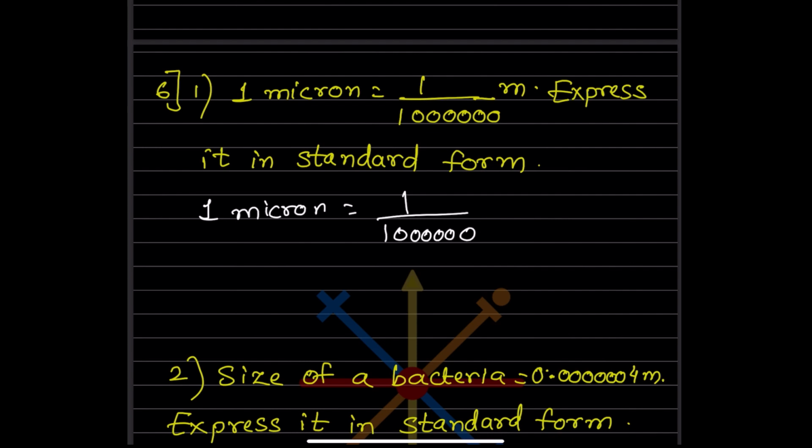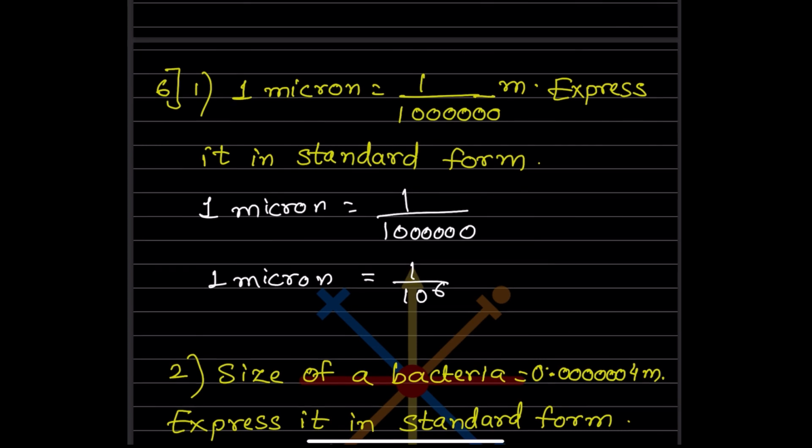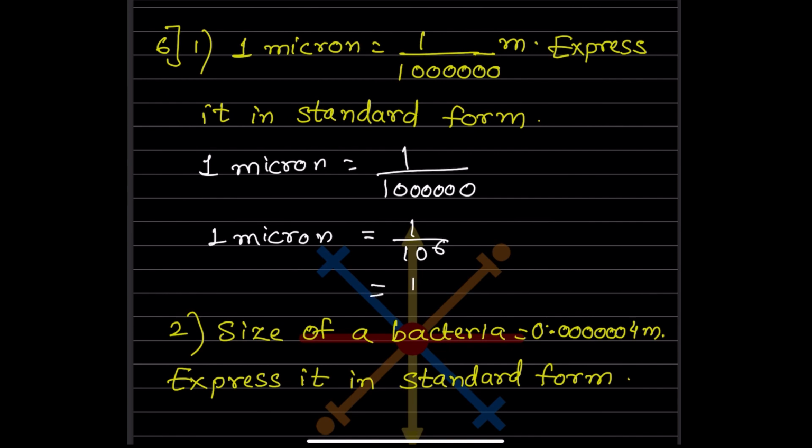So we can also write this as 1 by 10 raised to 6. Now how can we write this in the standard form? We'll take this 10 raised to 6 in the numerator. So that will be 10 raised to minus 6. So this is the answer, and this is in meter.